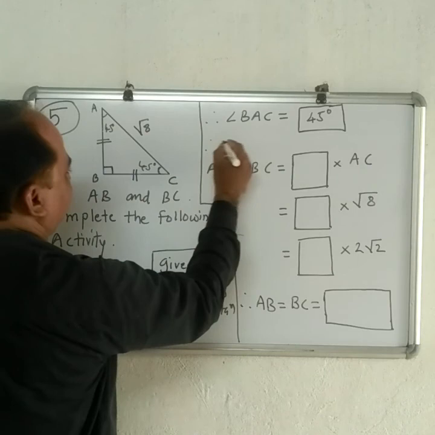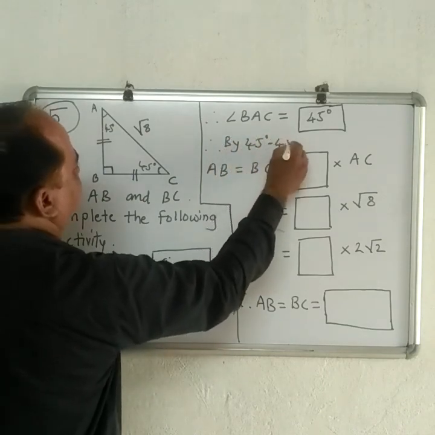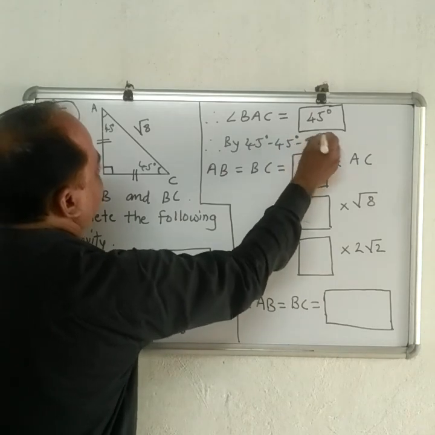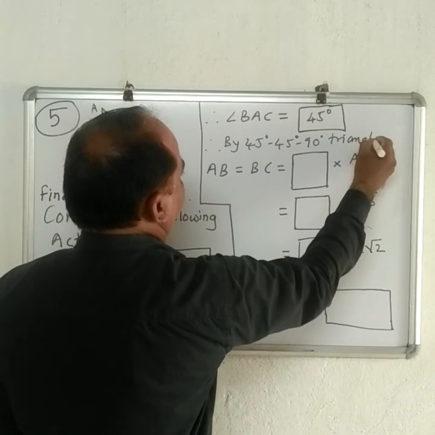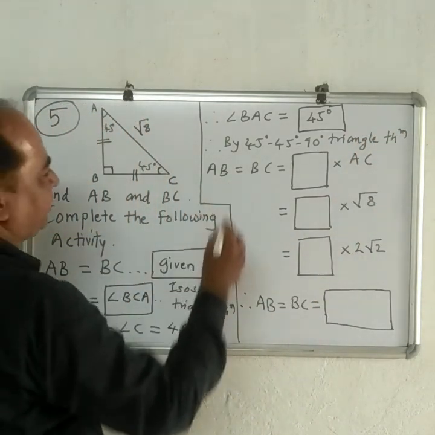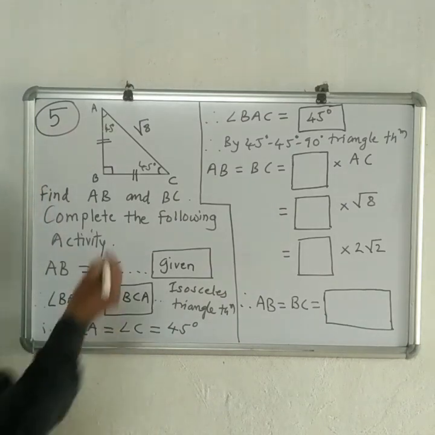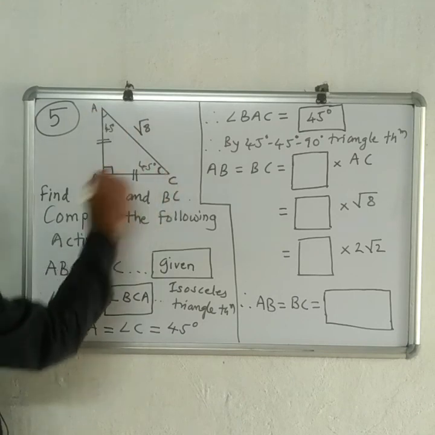So therefore by the 45, 45, 90 degree triangle theorem, the theorem tells us that the side opposite to 45 degree is 1 upon root 2 times the length of the hypotenuse.